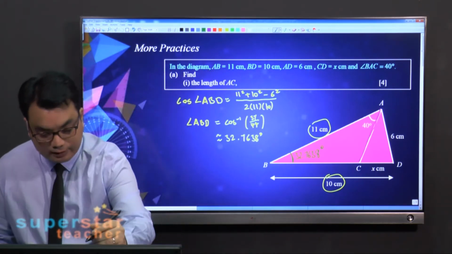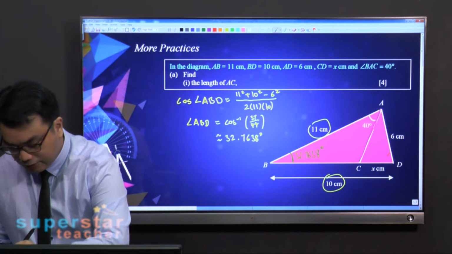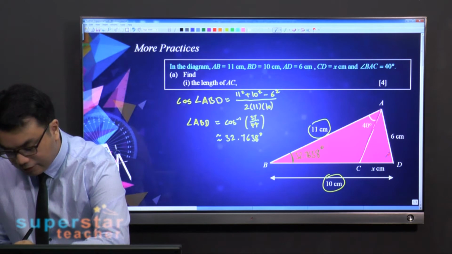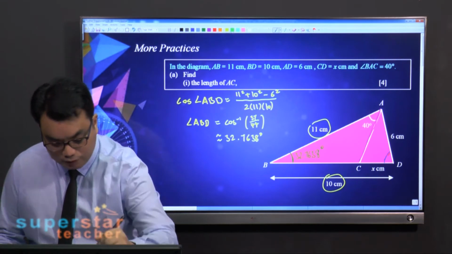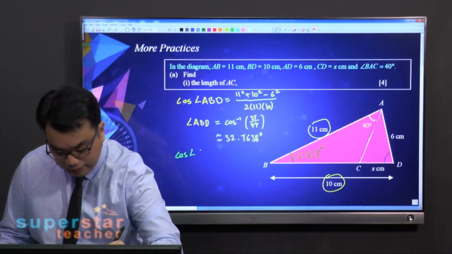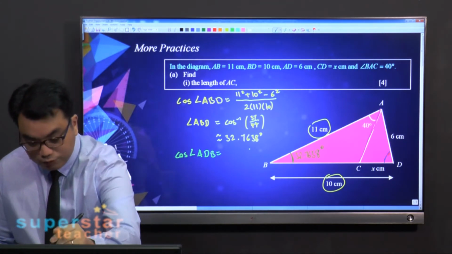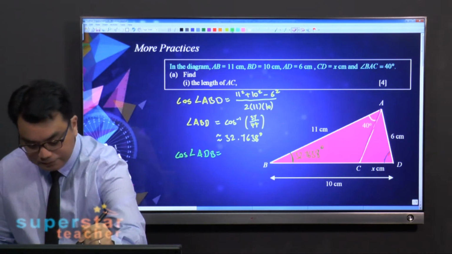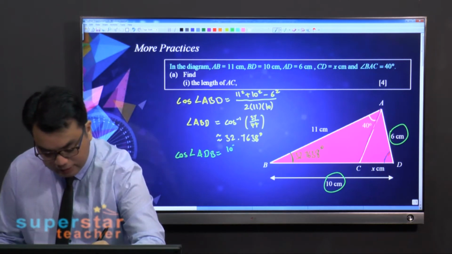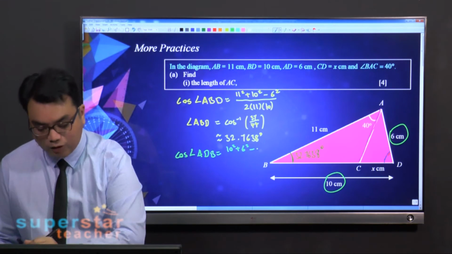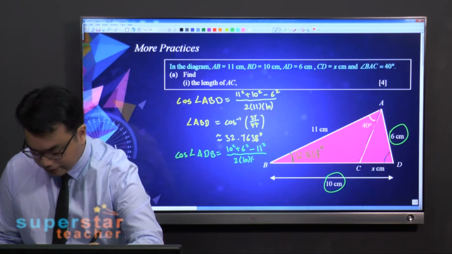So in order to find this angle over here, I would have to take cosine of angle ADB equals 10 squared plus 6 squared minus the side that's opposite of this angle, which is minus 11 squared, then divided by 2 times 10 times 6.